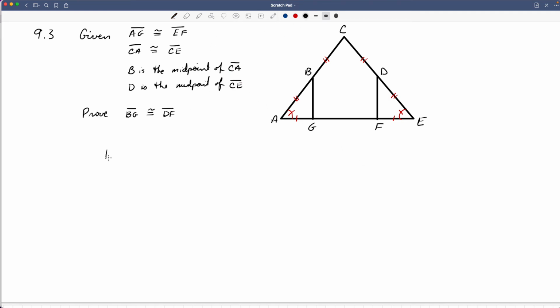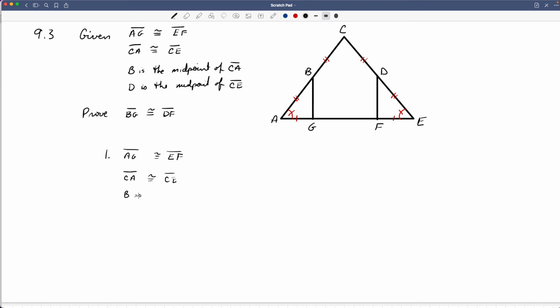So number one, all the givens. AG is congruent to EF, and some people will write all the givens as one, which I think I'm going to do this time, just because it's a little bit faster than numbering every single line.